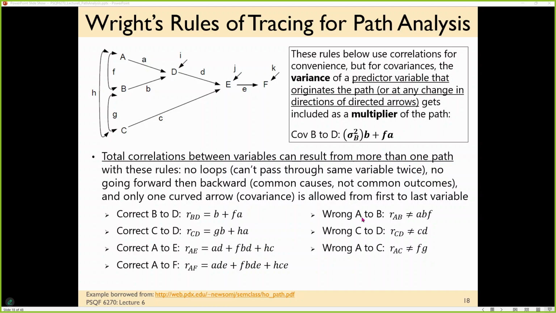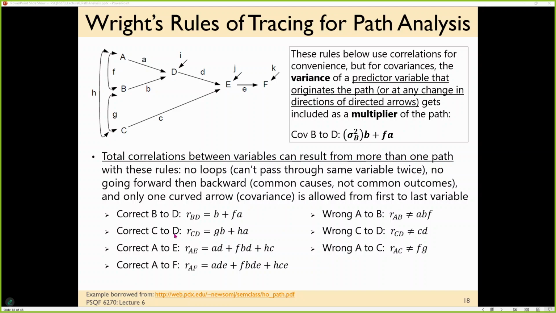Like a wrong example of A to B, let's go to this one here. I can't do A down to D and then back up to B, because that breaks the no going forwards then backwards rule. Common causes, not common outcomes. All I can do is just these two.